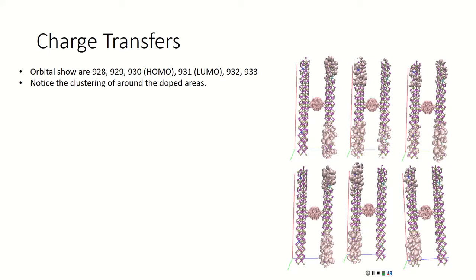But you can already see, bouncing around the HOMO and LUMO, how the charges in the electron orbitals transition from the N to the P material. So across that gradient, you're going to have different parts of the structure just hovering right around what it would need to do for the electron to pass from one orbital to the other orbital. The orbitals shown here are 928, 929, the HOMO orbital 930, 931 LUMO, 932, and 933.